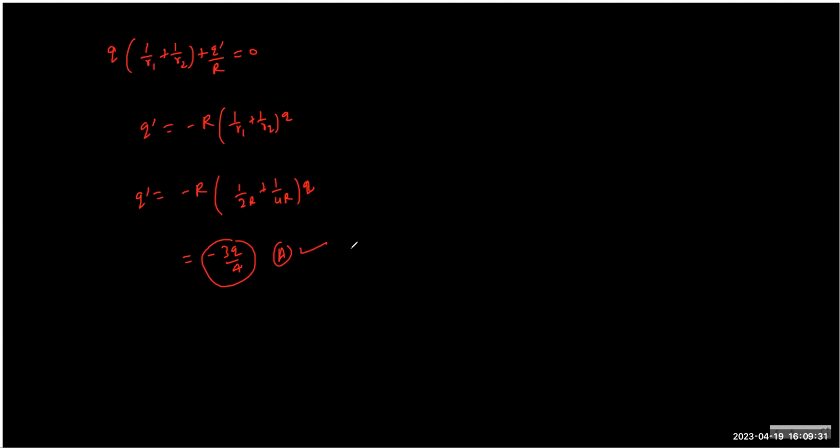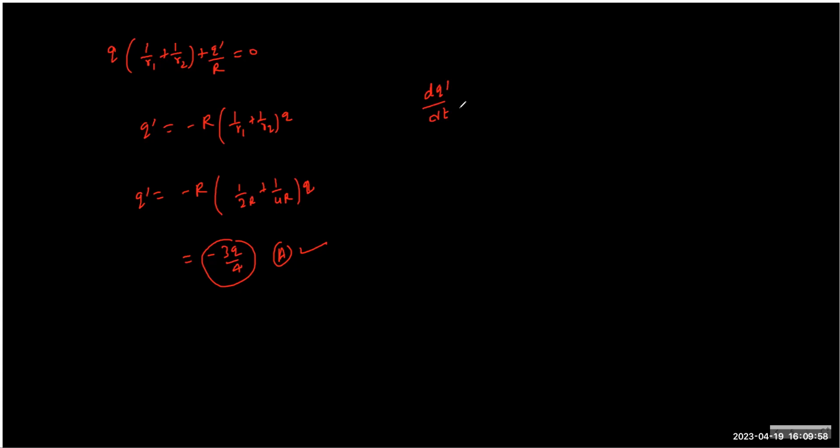The next part: if A is right, then B must be wrong. Yes or no? Now for current, what can we do? We can differentiate both sides. The rate at which charge changes on the surface of the conductor will be the current.